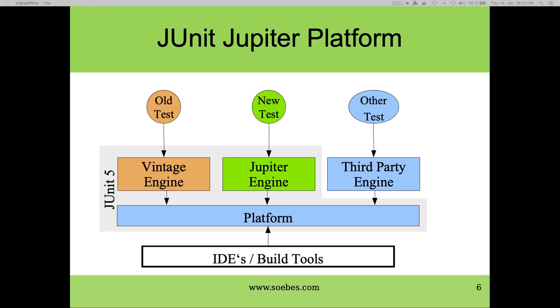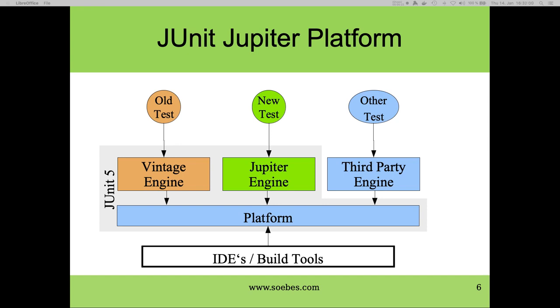Now we are taking a brief look at the architecture of the JUnit Jupiter platform, which in general comprises 2 parts. There is an engine, usually the JUnit Jupiter engine in the middle, written in green, and the platform. Those 2 parts communicate with each other.